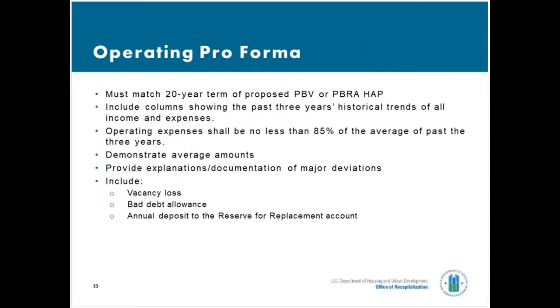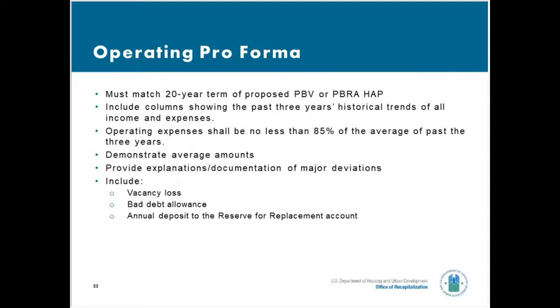In addition to wanting to know the experience of the development team, to make sure that the project is in capable hands, we also want to know that the project is in financially good standing. So we request that you upload operating performance. This operating performance is going to be a snapshot for the next 20 years that matches the 20-year term of the proposed PBV or PBRA HAP contract.